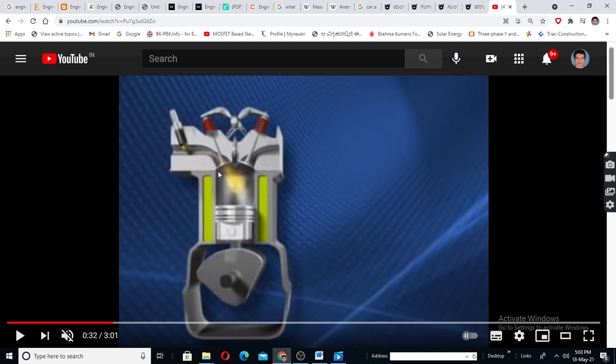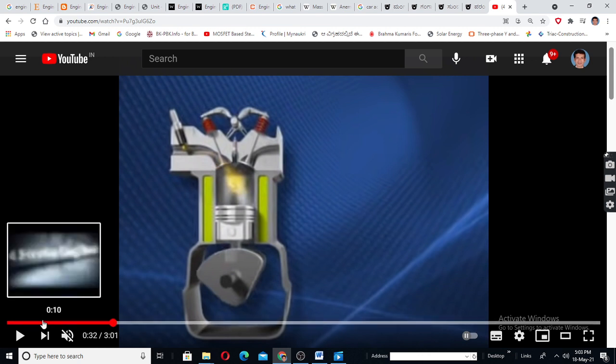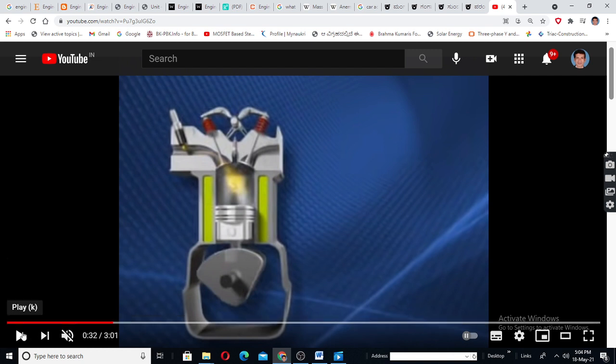So when it is going from here to here, fuel enters into the chamber. Fuel means fuel plus air at the required proportion, mostly 2% fuel with respect to the air, I think, by volume. Now, this is the suction stroke, the first stroke.